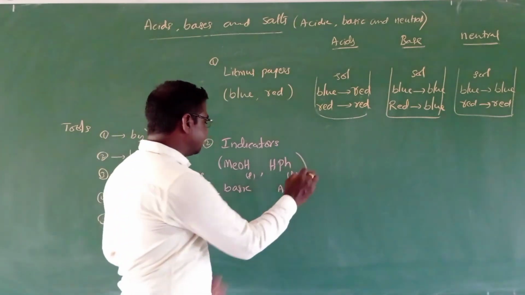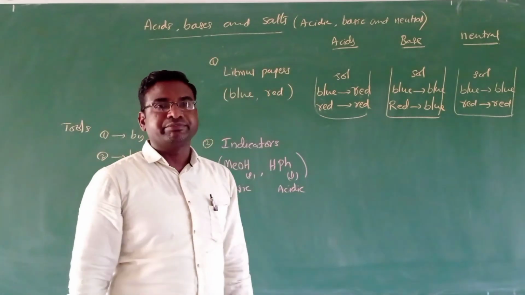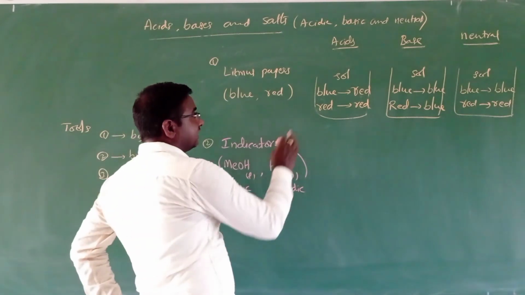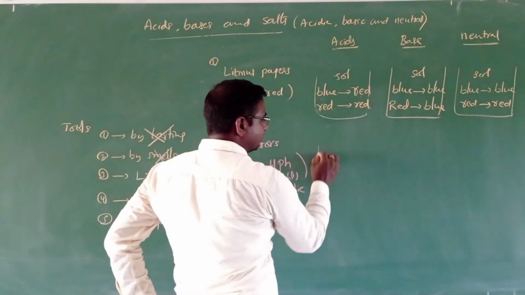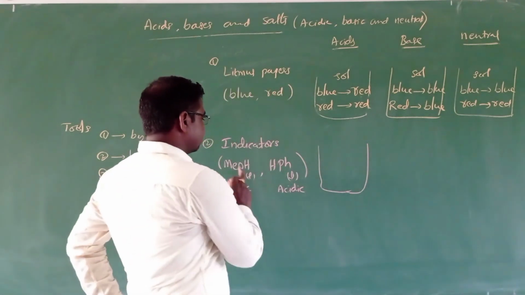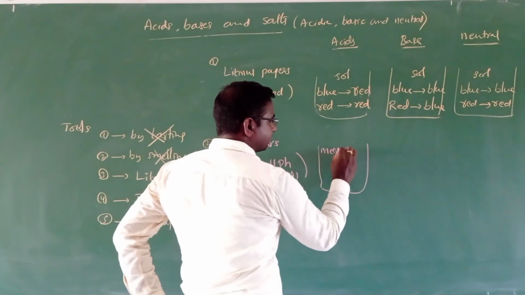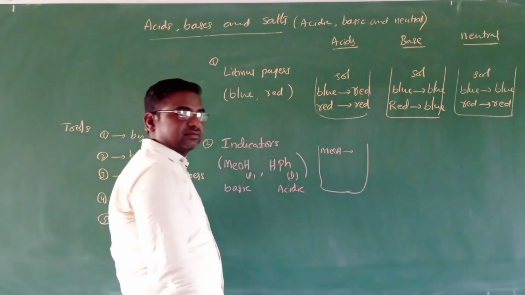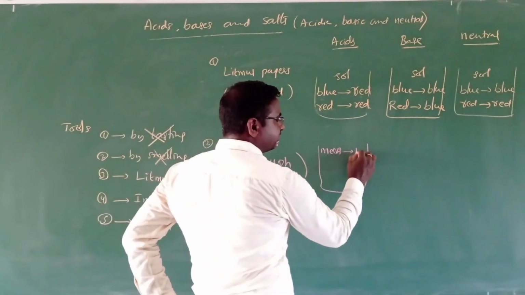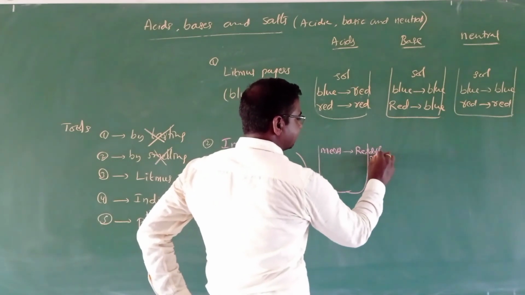Right. With the help of these two indicators, we identify whether the given compound is acidic, basic or neutral. Now how, let us see. If the solution is acidic and you take methyl orange, methyl orange in acidic medium is reddish pink.